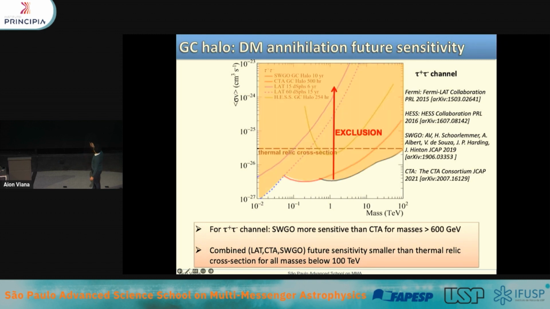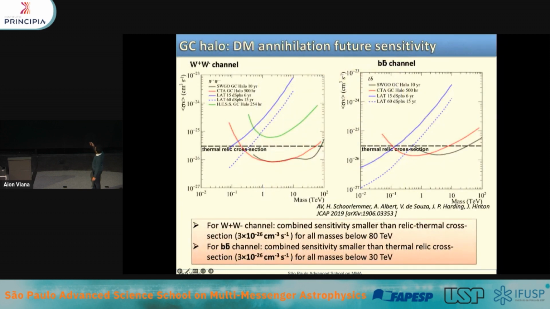That's the case for this channel, tau plus, tau minus. In the case of W plus, W minus and b bbar, we go a little bit lower, to 30 TeV. But again, we constrain a lot of particle models below the thermal relic, below the TeV range.